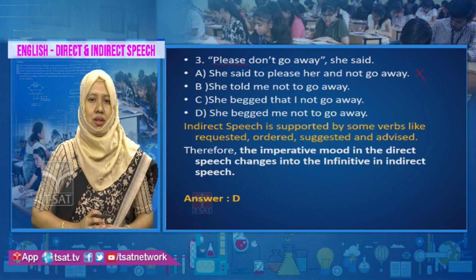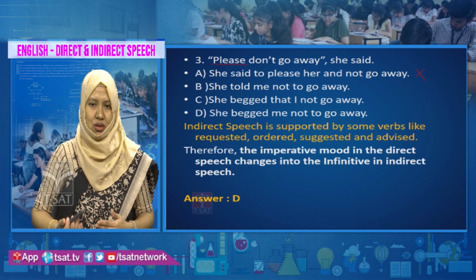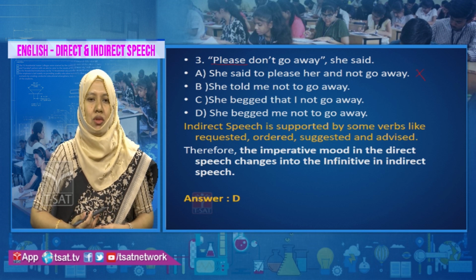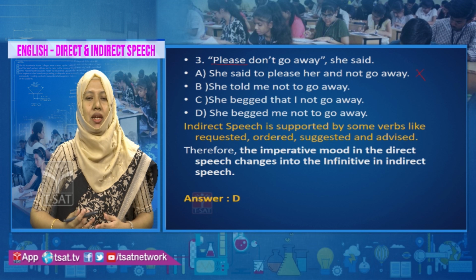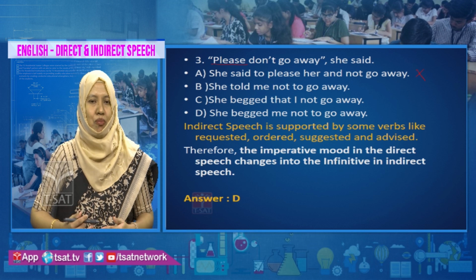If you look here in direct speech, it is starting with please. Please means it is a request. So, when such words are used, imperative sentences will change to infinitive in indirect speech. So, instead of please, you can use beg.